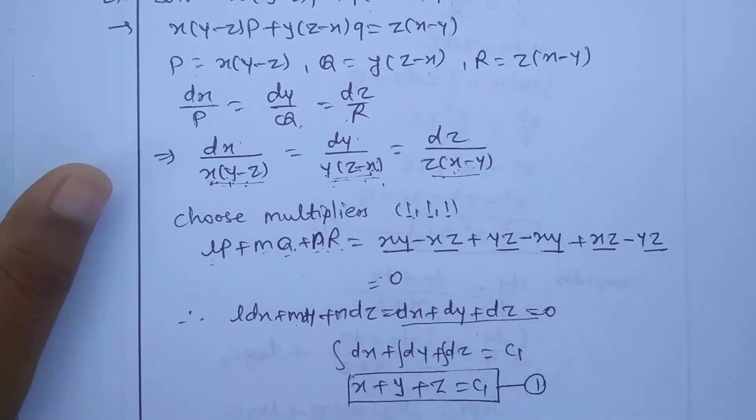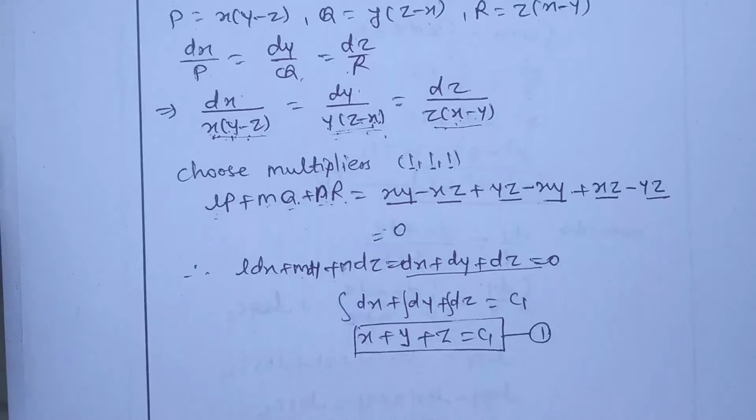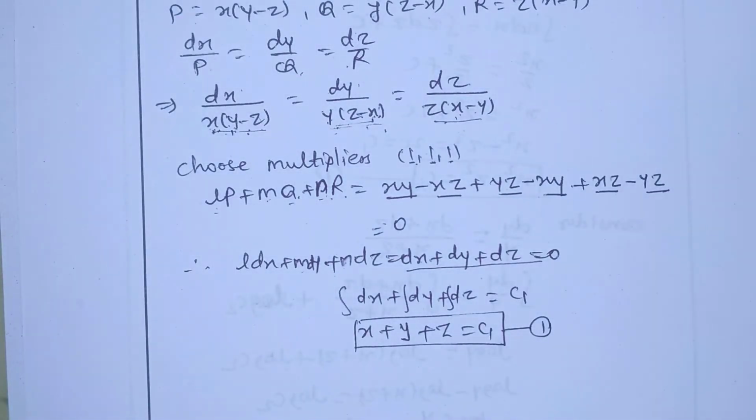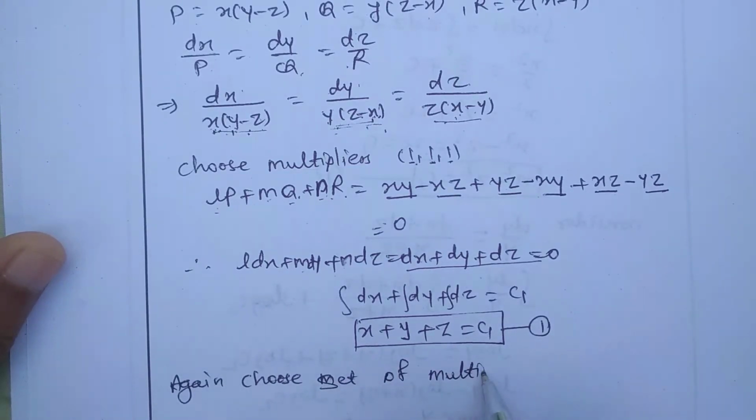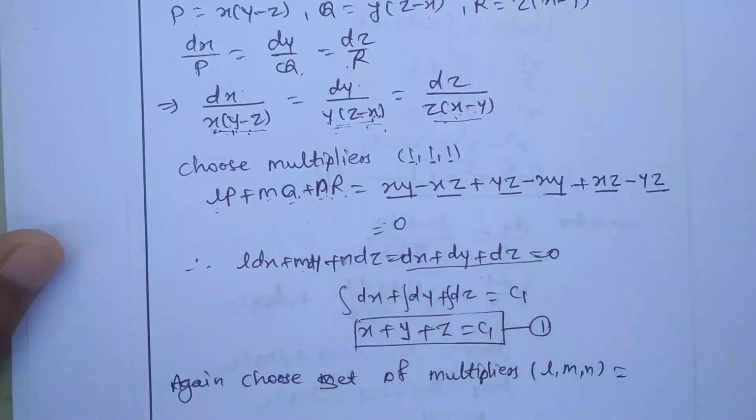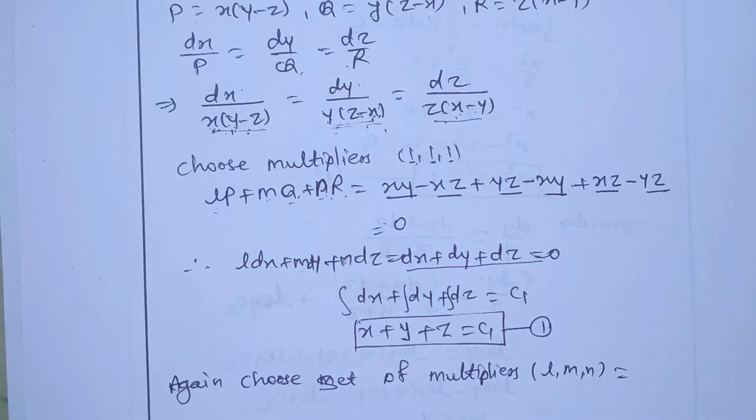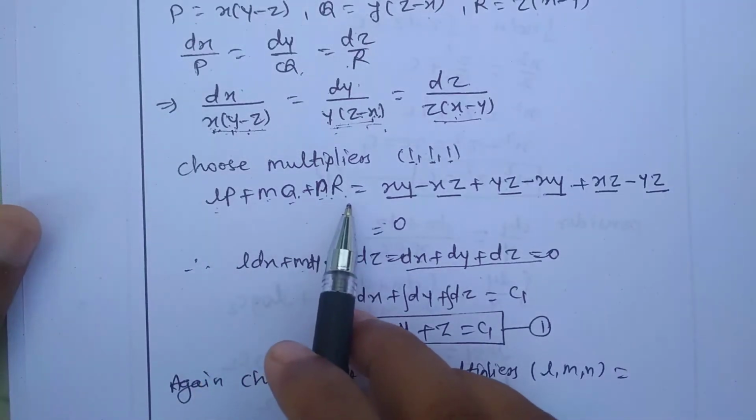That is our first solution. Now in a similar way we have to choose another set of multipliers L, M, N and find another solution. Which set can we choose as multipliers so that again LP plus MQ plus NR becomes 0?